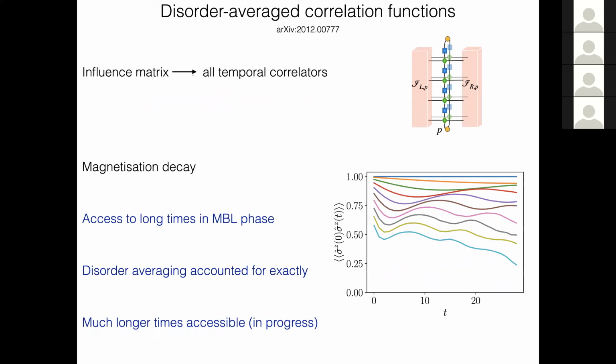And as I mentioned, this allows you to get, in principle, all temporal correlators once you know the influence matrix. Maybe I went a bit too fast, but the idea is that if you have the influence matrix, then to find some temporal correlators, you just need to contract the evolution of your single spin with the influence matrix and insert at appropriate times the operators you want to measure.